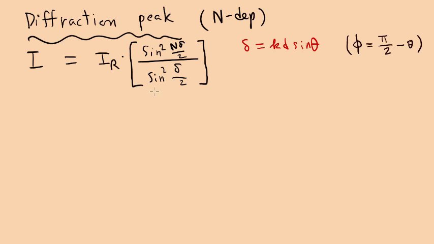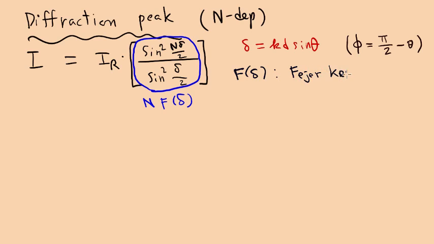Now notice that this fancy function here has been noticed by mathematicians as well. Mathematicians discovered this function at some point and gave it a name. This f of delta is what we call the Fourier kernel, and it has several properties.